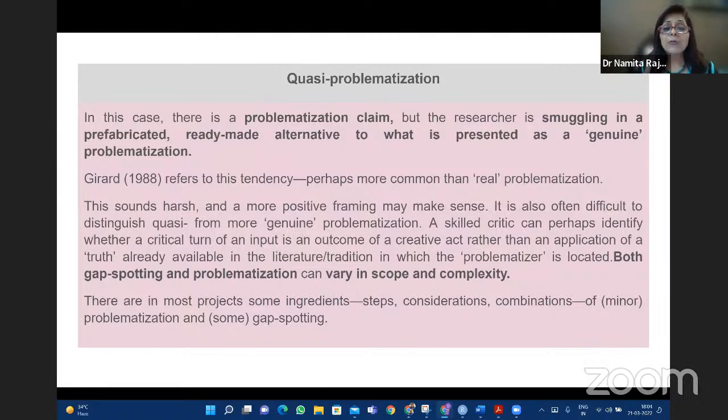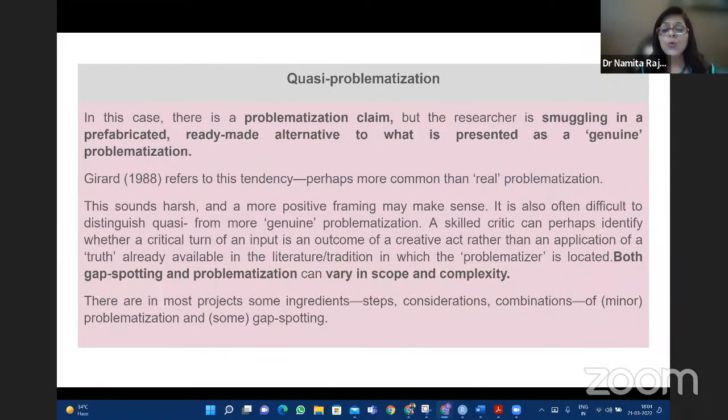This sounds harsh, and a more positive framing may make sense. It is also often difficult to distinguish between a quasi and a genuine problematization. A skilled critique can perhaps identify where the critical turns and upturns are taking place. Both gap spotting and problematization can vary in scope and complexity.